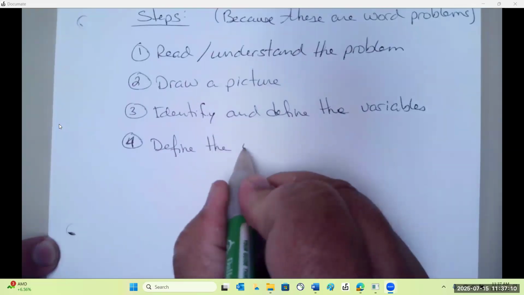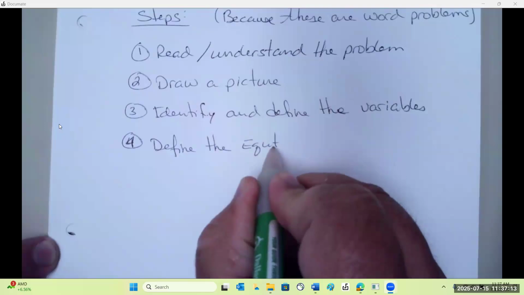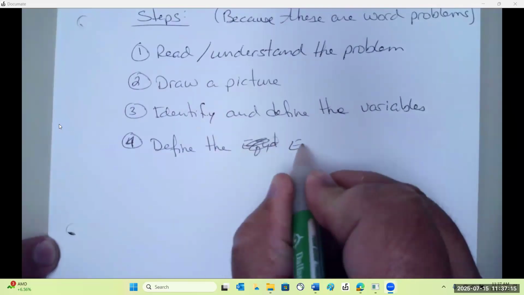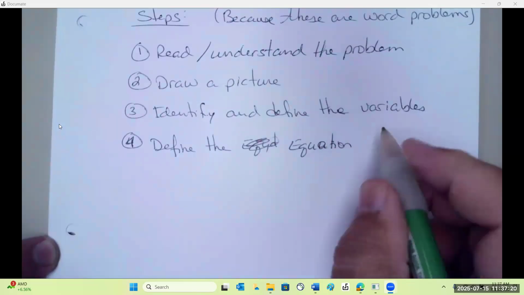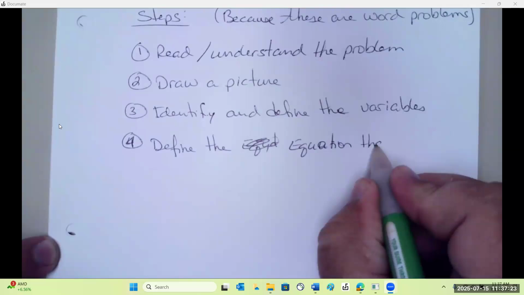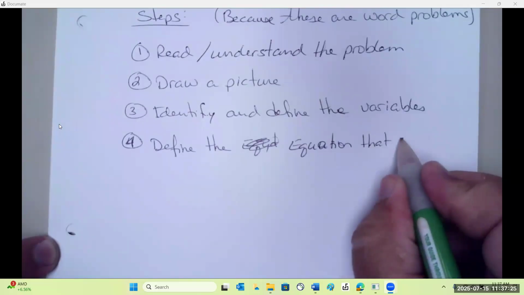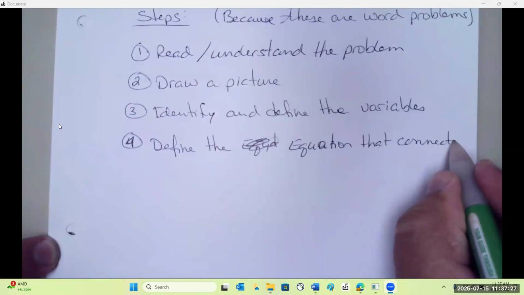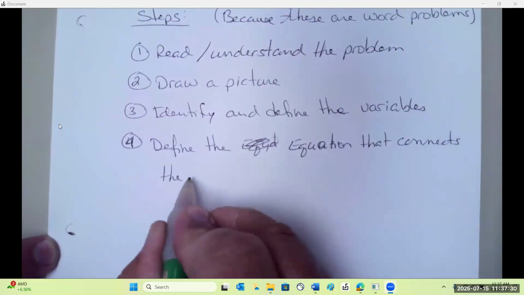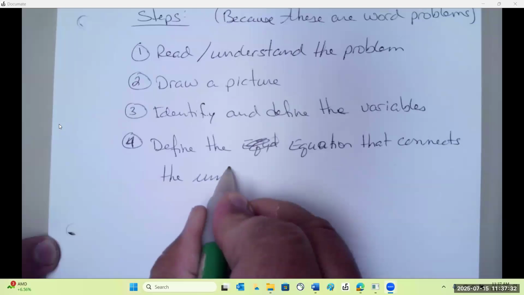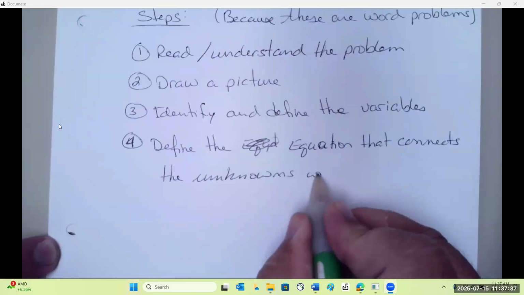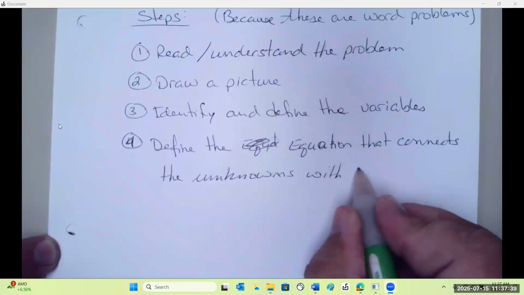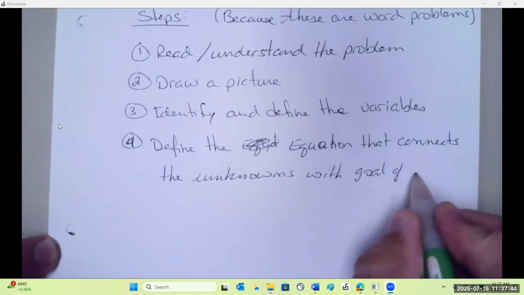Define the equation that connects the unknowns with the goal of the problem.